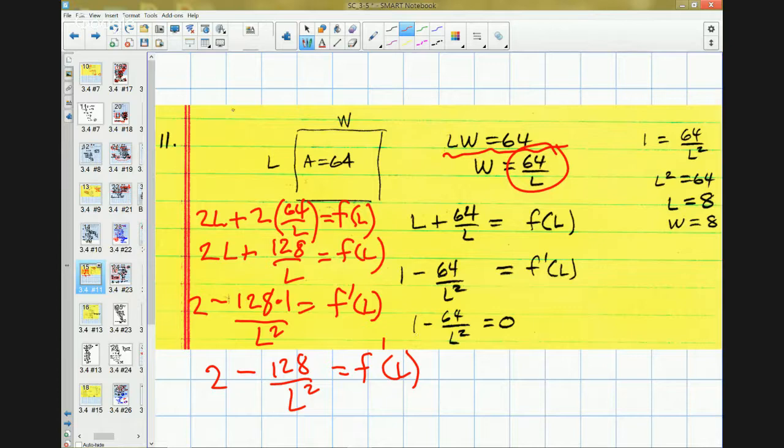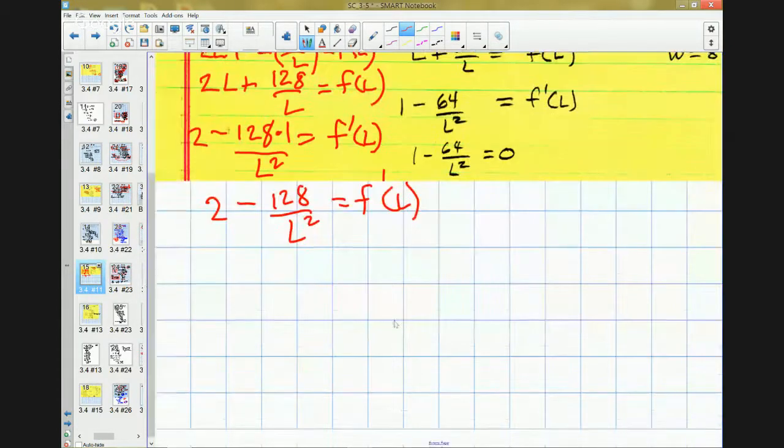Okay, scroll down here. We got to get some space. All right, we need to set that equal to 0. And now what? Let's multiply both sides by L squared. Be careful, this is a little different because I have 2 things to multiply by on the left, right?